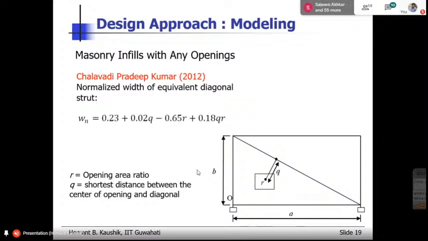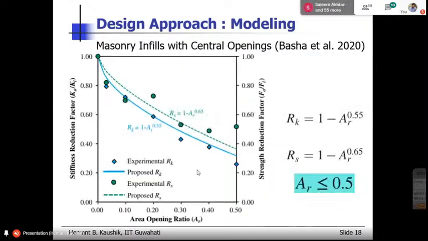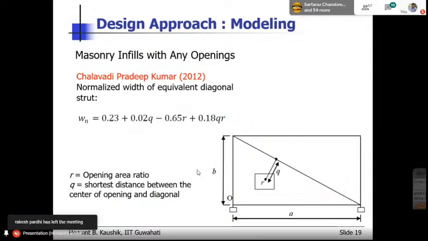So both these studies, Mandal and Jain and Basha et al., were actually carried out on central openings. But then the openings can lie anywhere in the frame. So how to handle them? One student here at IIT Guwahati carried out a study in 2012, again an analytical study.